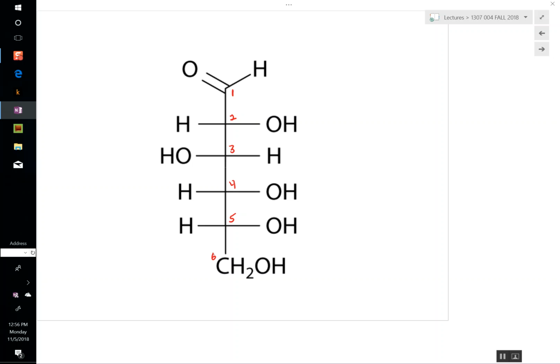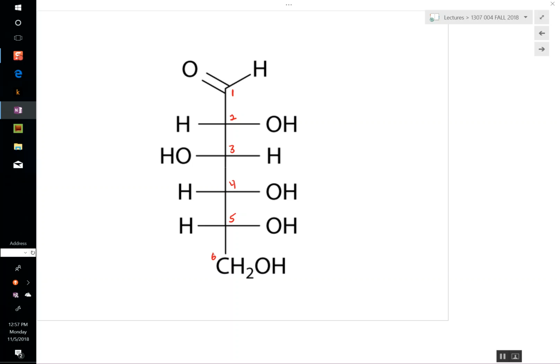That's carbon number 1. You can see there are 5 more carbons, and they each have an OH. The carbonyl is the more distinguishing functional group on this molecule. We're going to always draw it at the top, and we are also going to start counting carbons from there. 1, 2, 3, 4, 5, and 6.